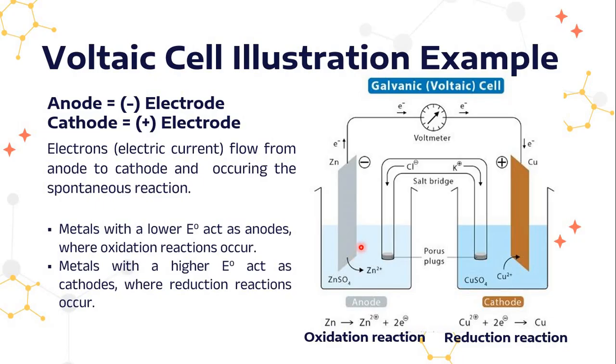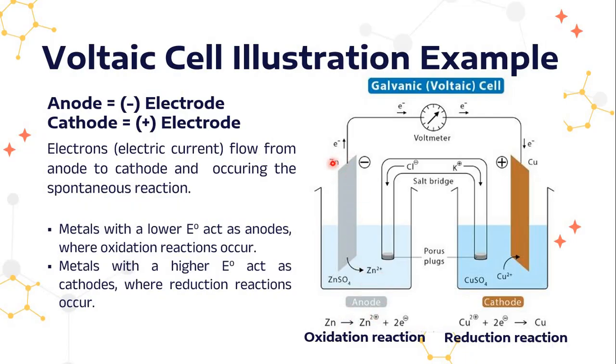After that, what happens in this cell? In a voltaic cell, especially at the anode, there will be an oxidation reaction, which means a reaction that releases electrons.